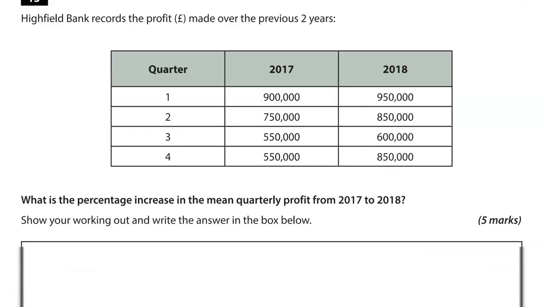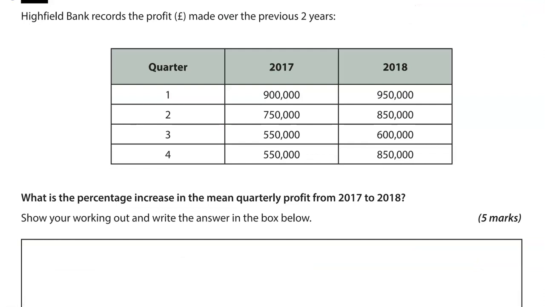Highfield Bank records a profit in pounds made over the previous 2 years. What is the percentage increase in the mean quarterly profit from 2017 to 2018? Show your working out and write the answer in the box below. So we're looking at the percentage increase in the mean quarterly profit.